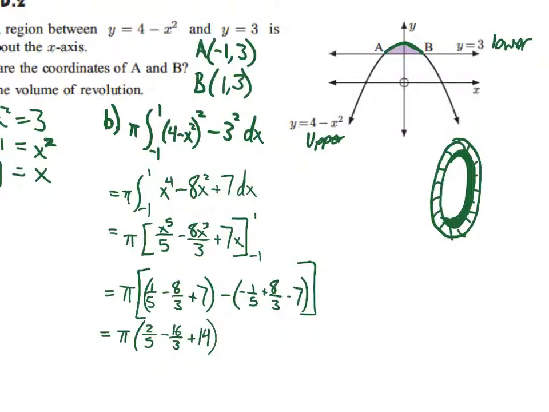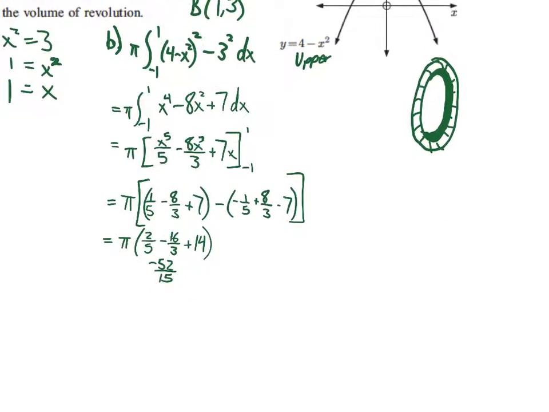That's a negative 74/15, which is a negative 4 14/15 plus 14. So this is going to be 9 1/15 pi.